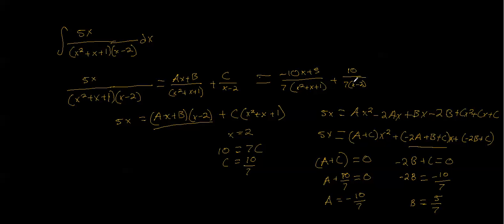So now that we have all of this, it is much easier to integrate this right here than this. We can do a simple u substitution and arrive at the correct answer.